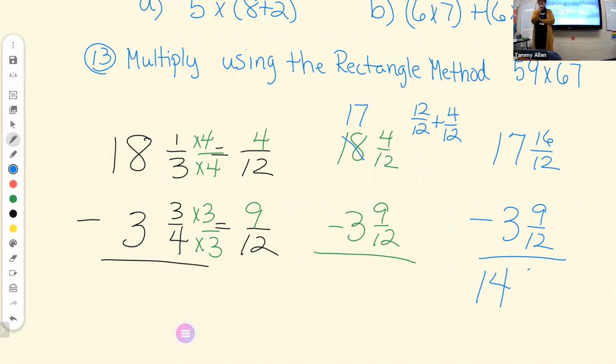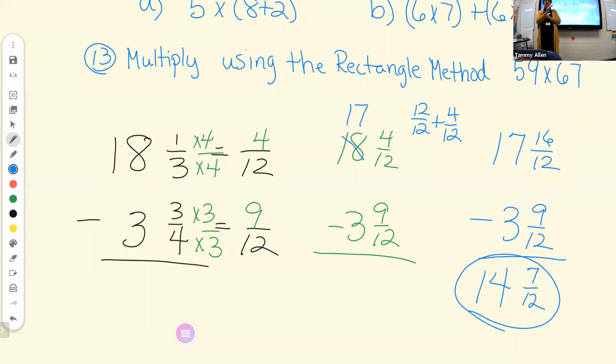Ezra, what did you get when you subtracted? I got 14 and 7/12. People are agreeing with the 7/12. Yep. All right? Is 7/12 in lowest terms? Yes, so we would circle that and call it a day. Any questions you have on that?